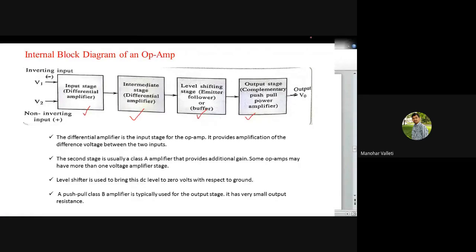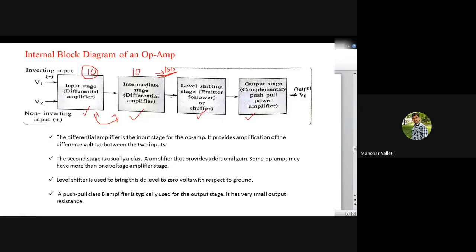The two amplifiers are connected in cascade, meaning if this amplifier has gain 10 and this amplifier has gain 10, overall the gain offered to the signal is 100, meaning both the gains are multiplied. So to increase the gain, we cascade the amplifiers like this, so that with small gain amplifiers cascaded, you get a huge gain.